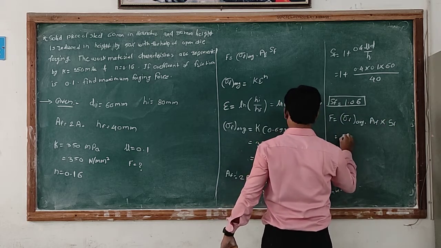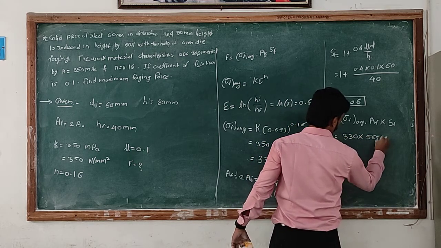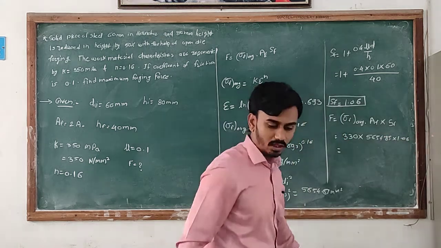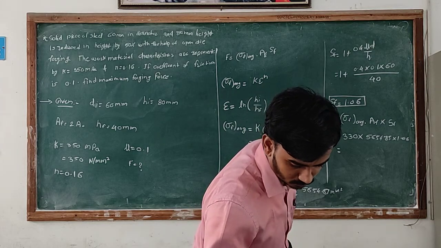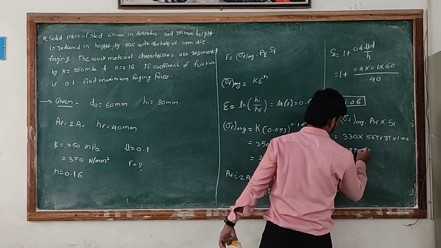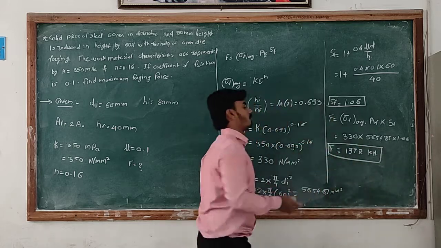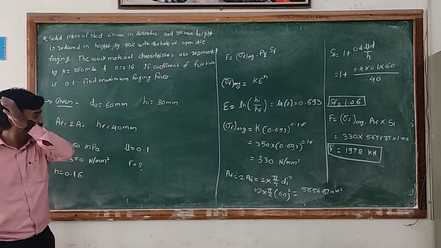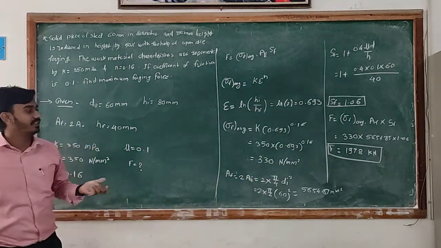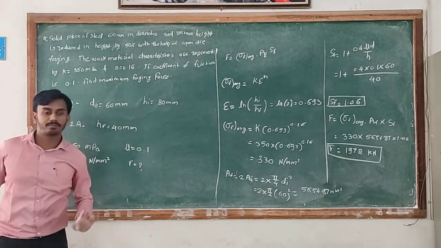So F is equal to 330 into the area, 5654.85, into 1.06, and it is equal to 1978 kilonewton. Okay, so this is the numerical which is based on the forging process.